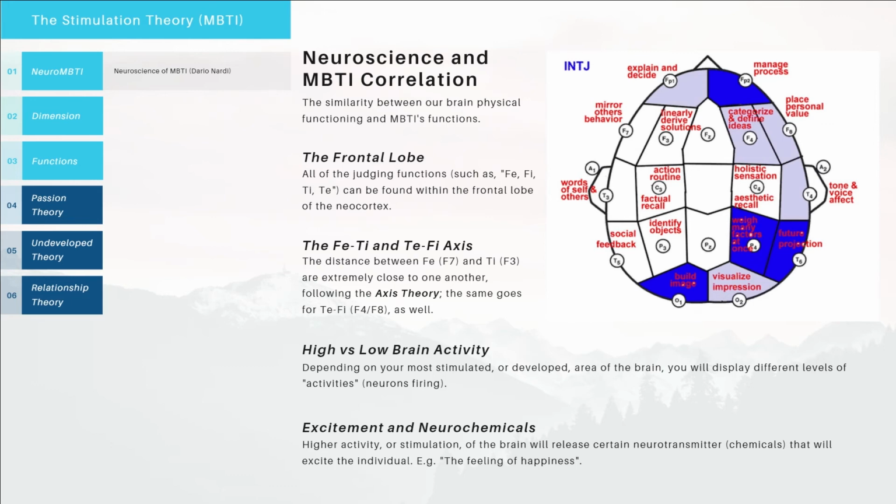And if you have a very developed region in your brain, such as the FE or whatever other region, then by firing that region more, you could be releasing more neurotransmitters or neurochemicals such as dopamine or serotonin that make you feel good. So there's a reward to using the most developed region in your brain because of that feedback loop in terms of the happy chemicals that you get from actually using it, making you use it more.